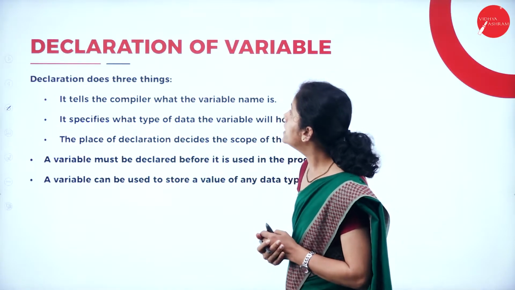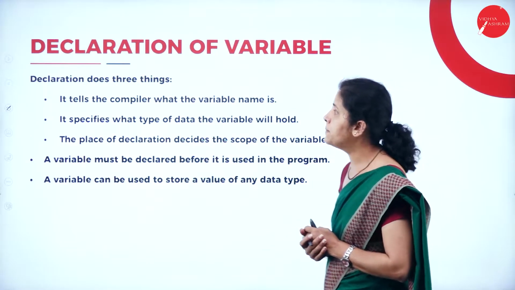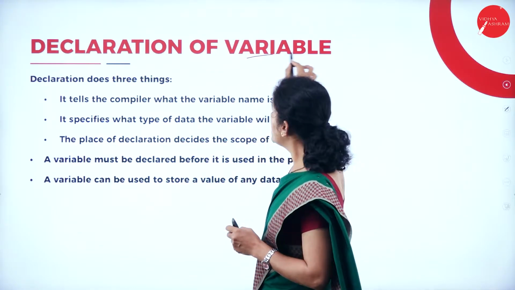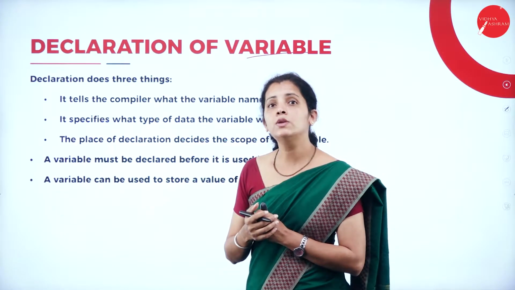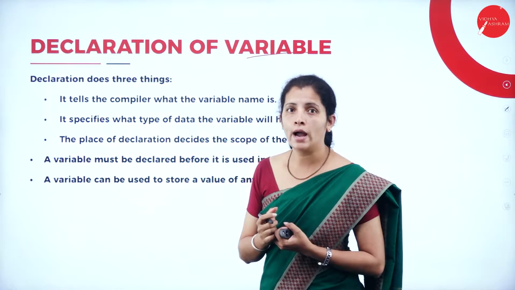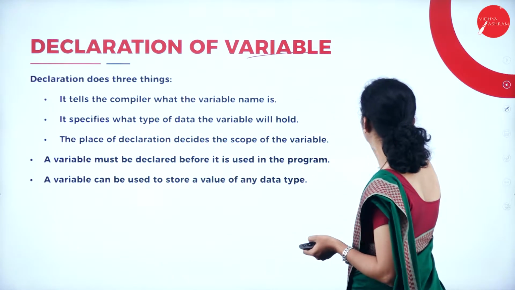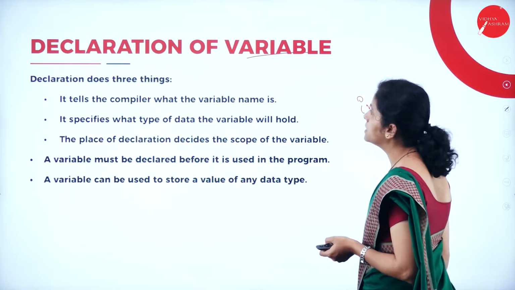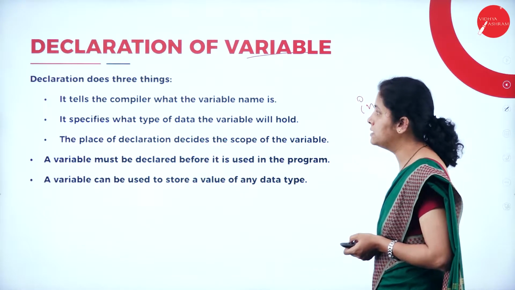Now, declaration of variables. So, how to declare variables, and if I declare the variables, what is going to happen? For example, if I write int a, this is nothing but the declaration of variables.